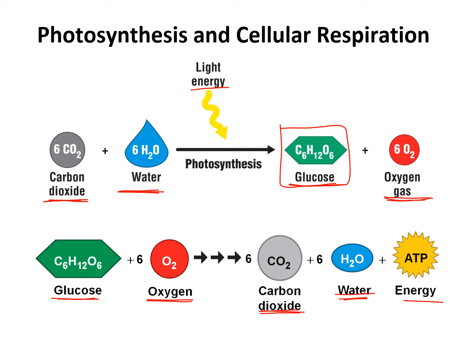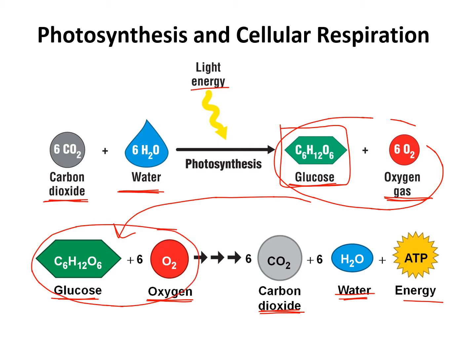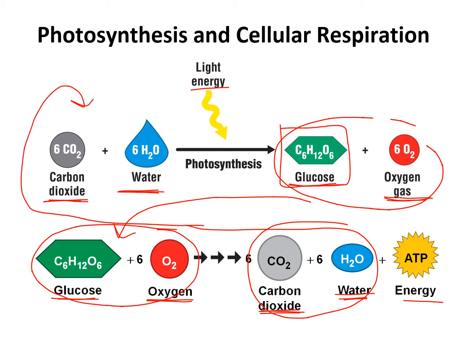So this is a very cyclical relationship. The products of photosynthesis are going to be the reactants for cellular respiration, and then the products of cellular respiration are going to be the reactants for photosynthesis. So that is what is happening in terms of the molecules.